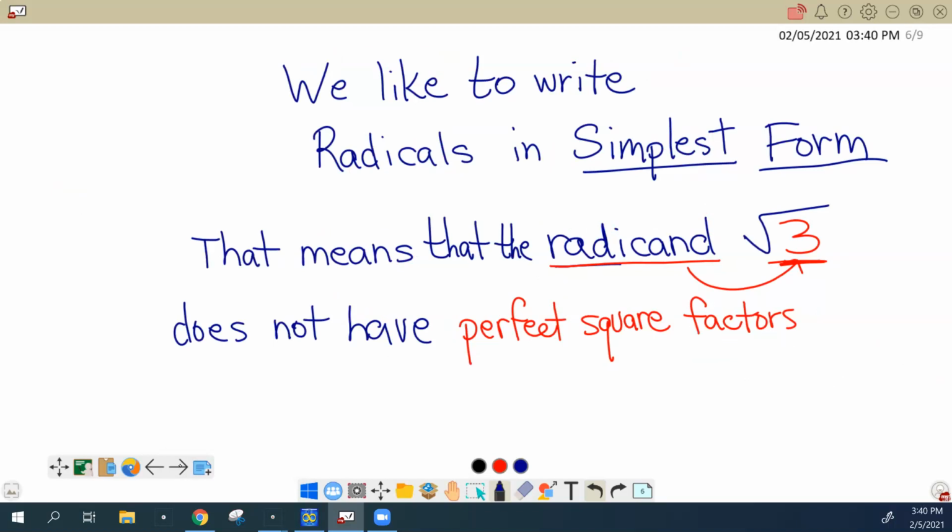So how can we use this multiplication property to simplify radicals? Well, we like to write our radicals in simplest form, and that means that the radicand, this number right here, does not have perfect square factors, all right?